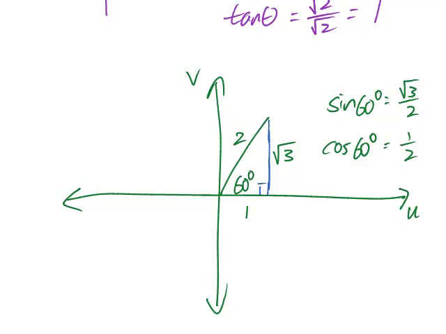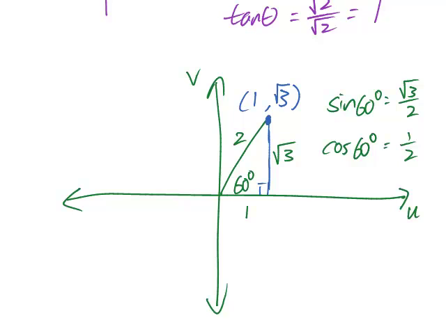Nothing really new. But I want us to look at this point. The coordinates there are, first the u coordinate, how far the point is away from the v-axis, or how far to the right it is from the origin. That would be 1 unit, and then you go root 3 units up. Same thing with x and y, except I'm calling them u and v, just different letters.